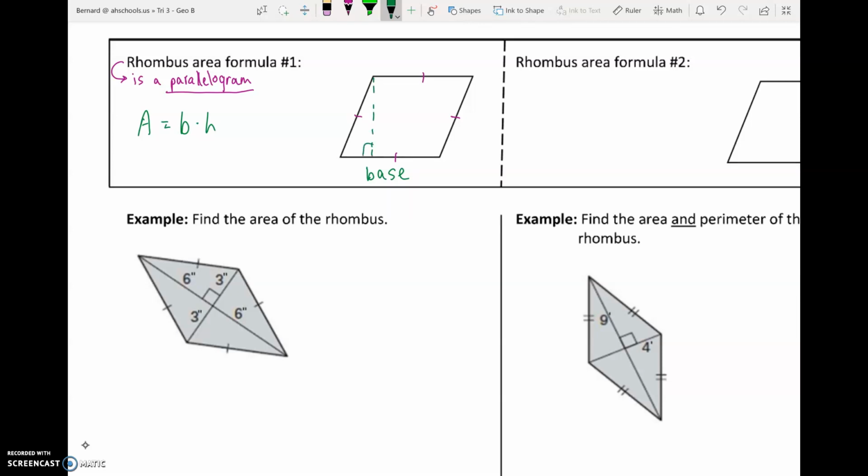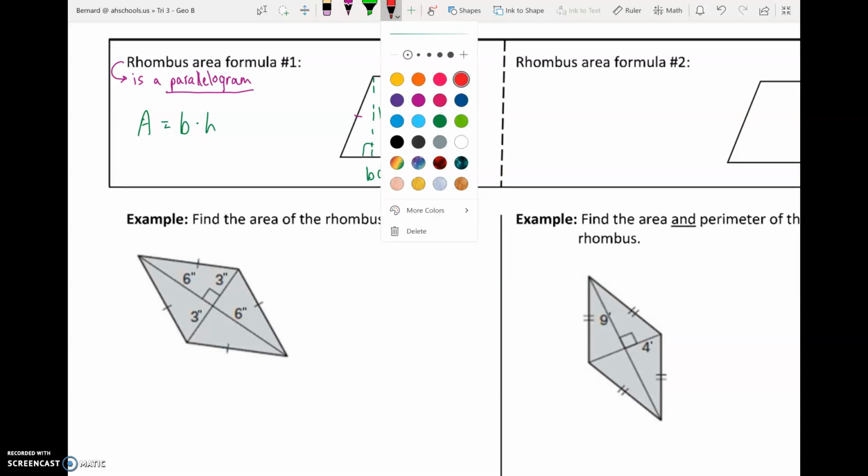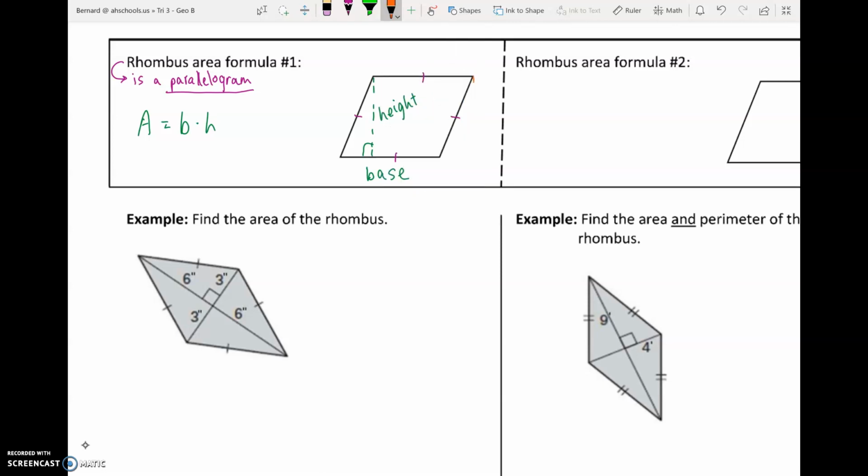Remember, base and height always make a 90-degree angle, and so there's your height and base. Or, and I'll do it in a different color, we can drop it on the outside, 90-degree angle, still that same vertical distance as the green line, so still considered our height. And so just base times height, that's formula number 1.